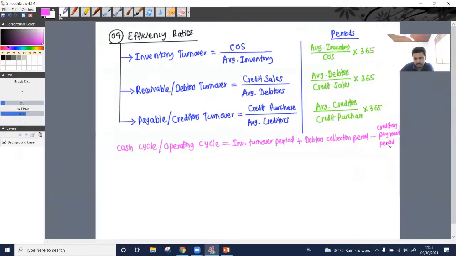Creditors payment period. Right? So this is how we can compute the cash cycle.